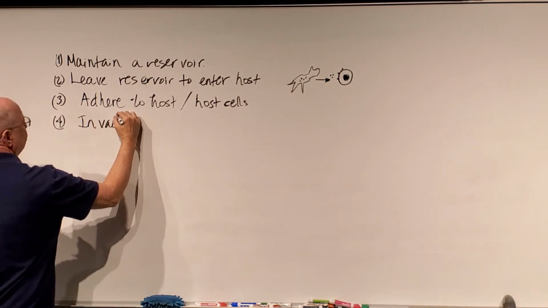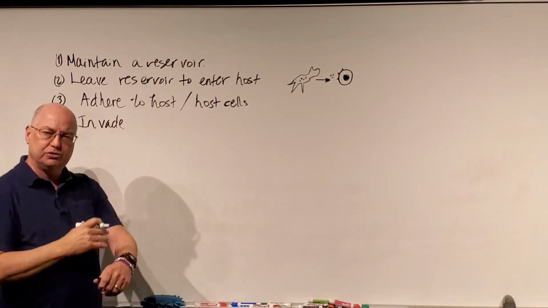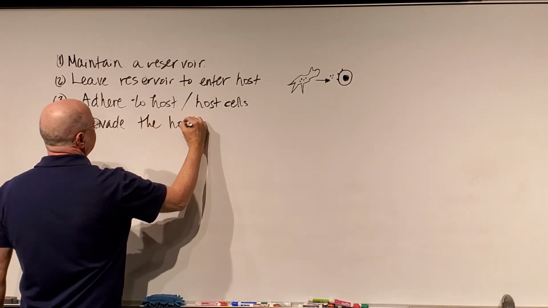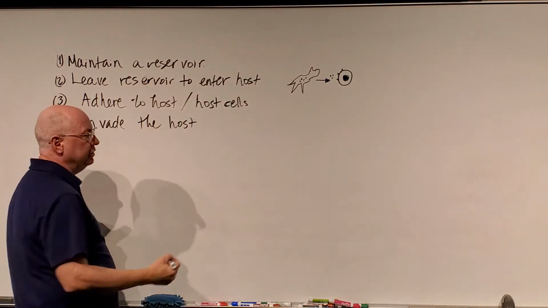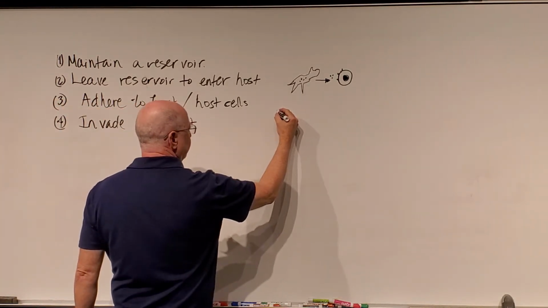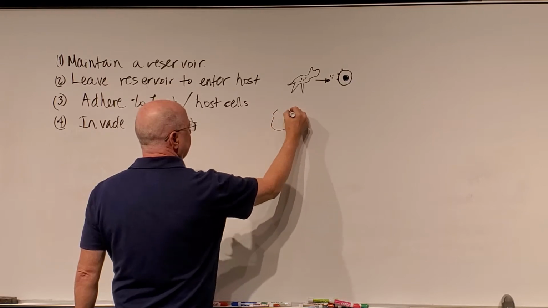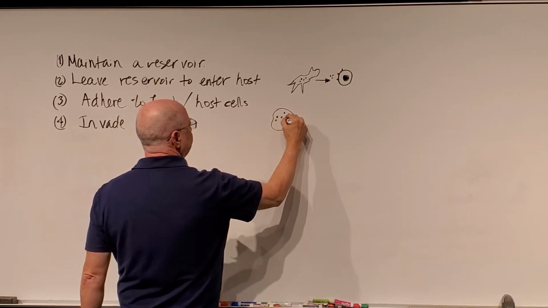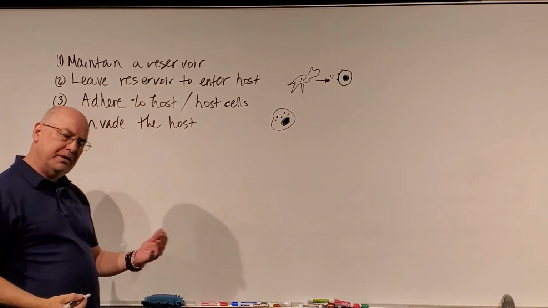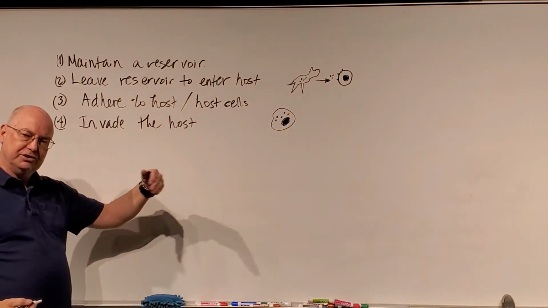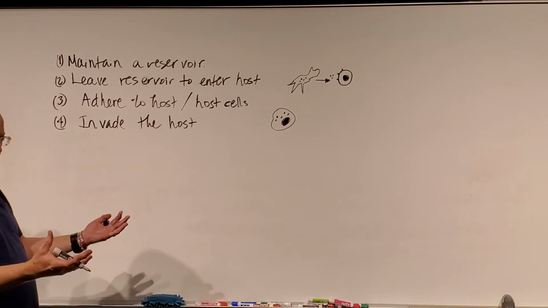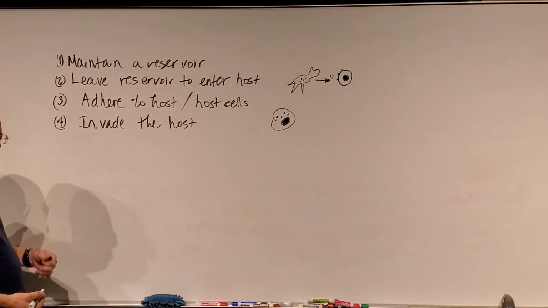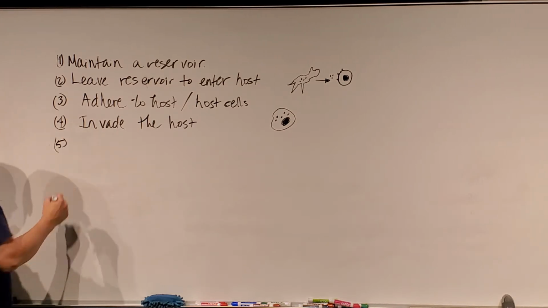So not only just stick to it, because we have some things that can stick to our skin that don't make us sick, but they need to be able to invade the host and enter the cells and or the tissues where they would reside. And so in this instance, we would actually have some pathogen entering our cells somehow, some way. A virus injecting its genome, or our cells engulfing and phagocytosing or endocytosing some foreign pathogen.